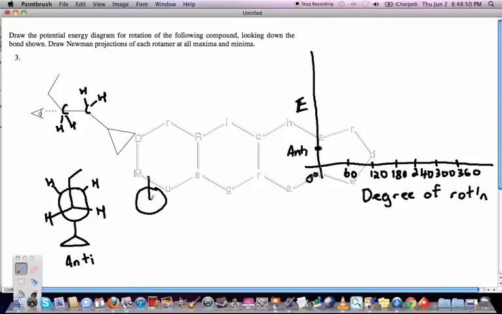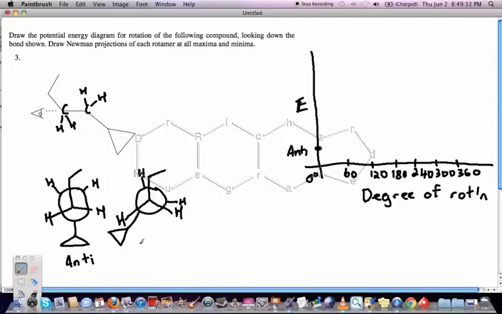Alright, so I'm going to rotate the back, which means I leave the front the same. Now when I rotate the back, I can put the cyclopropyl here, I'll put the hydrogen here, and I'll put the hydrogen here. Now of course these are going to be eclipsed, because if we're going to rotate this 60 degrees, we know that this angle between this one and this one is 120, so the angle between here and here is 60. So this is going to leave everything here eclipsed.